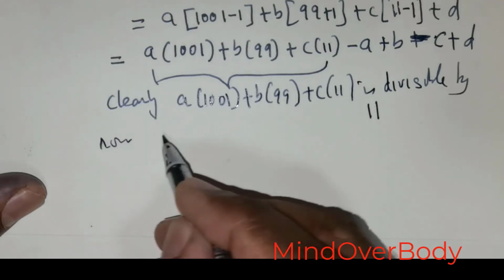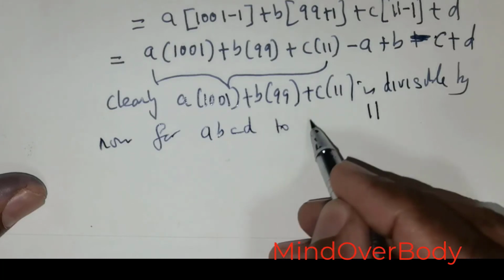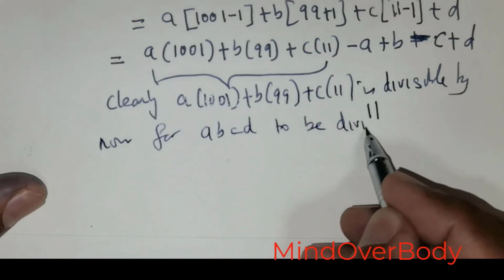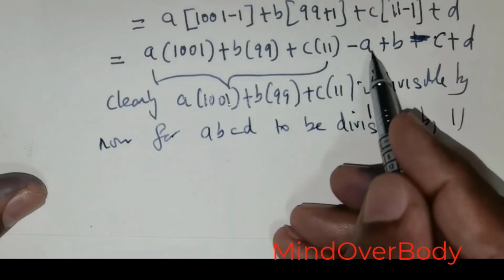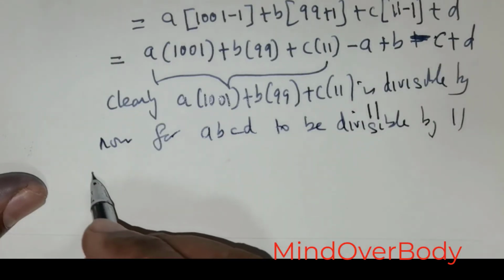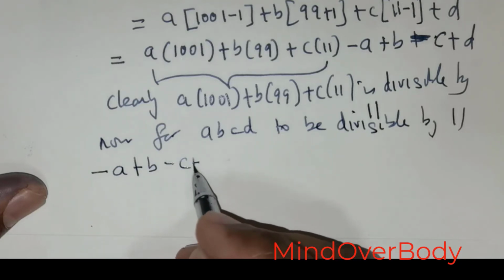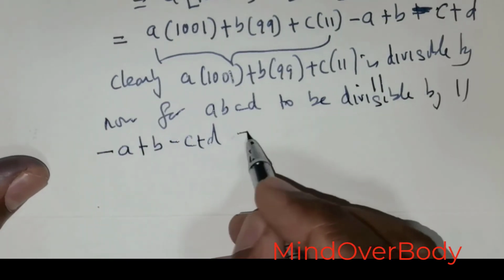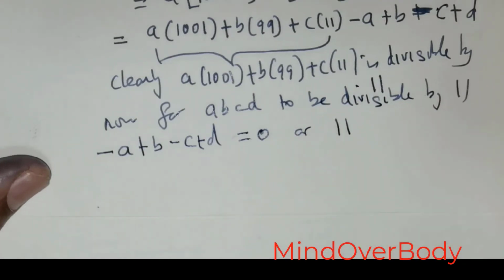Now for ABCD to be divisible by 11, this quantity negative A, positive B, negative C, positive D should either be equal to 0 or it has to be equal to 11.